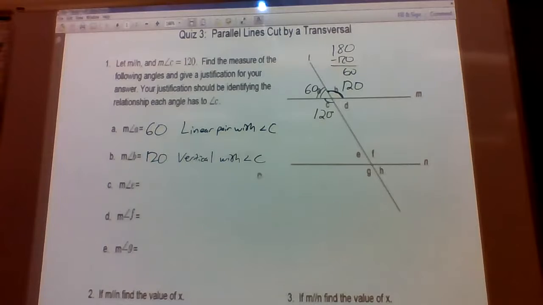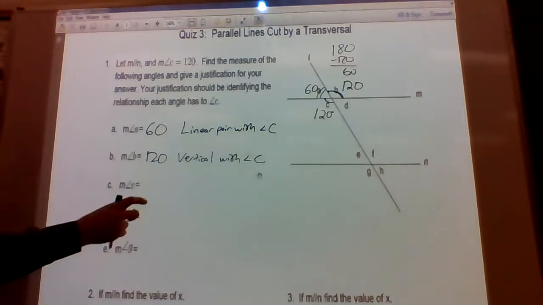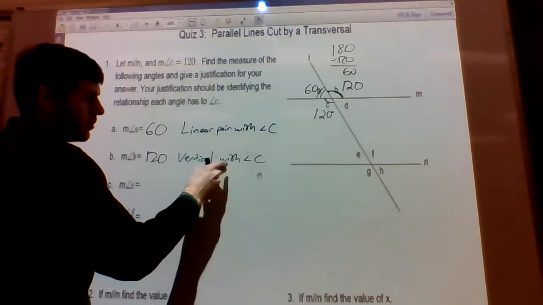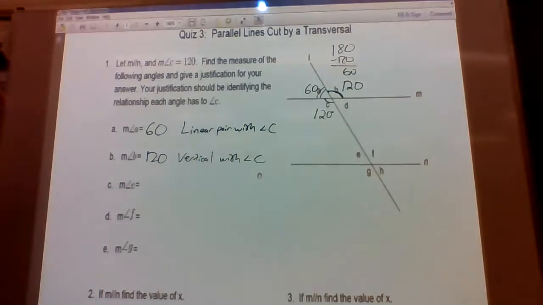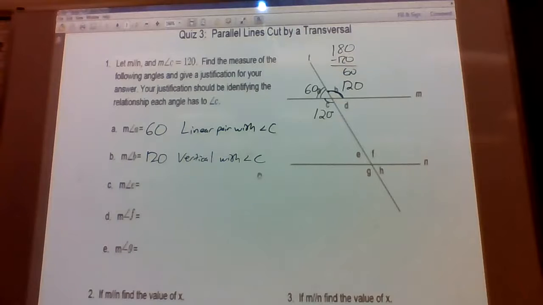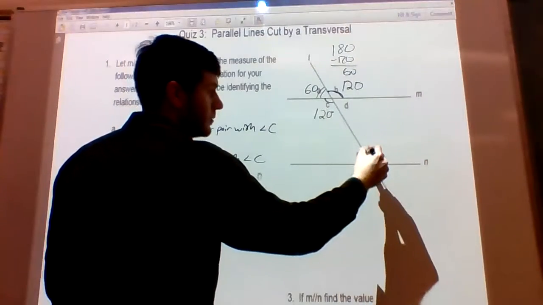We could probably use a better justification, like instead of just saying vertical with angle C, we could say angle B forms a vertical pair with angle C, or angle B and angle C are vertical angles. But vertical with angle C, we know what we all mean. That's fine. Okay. Angle E, so E and C.